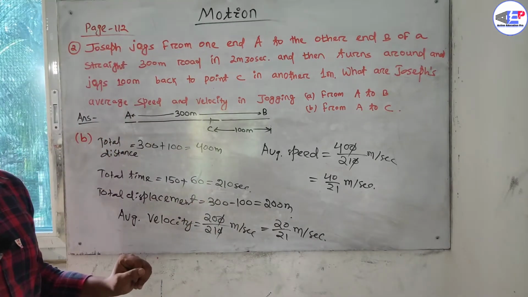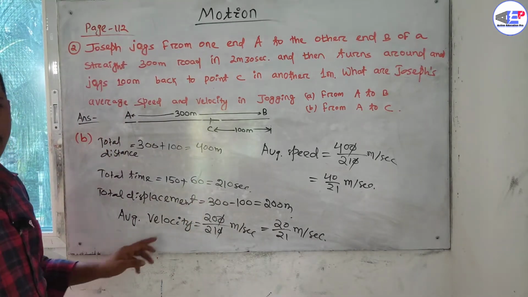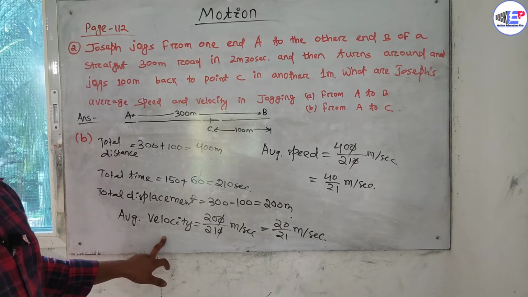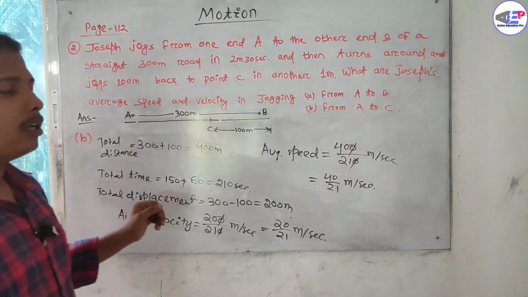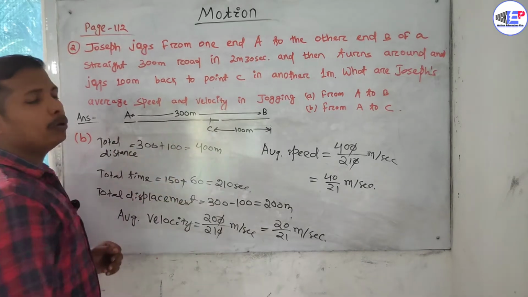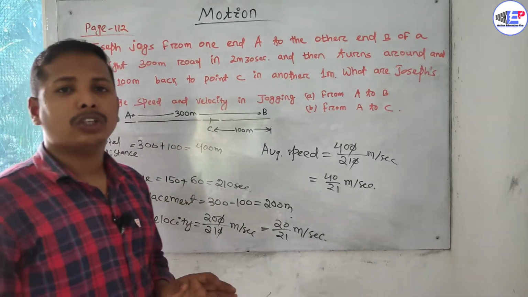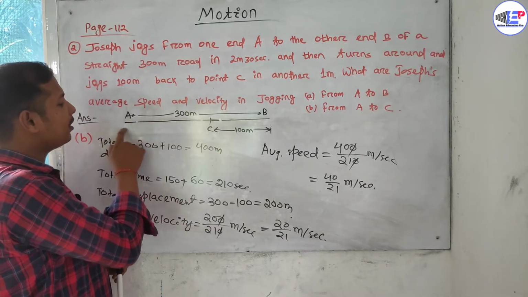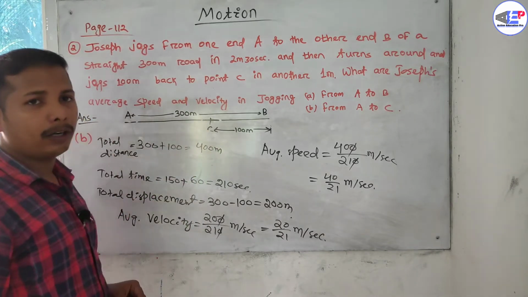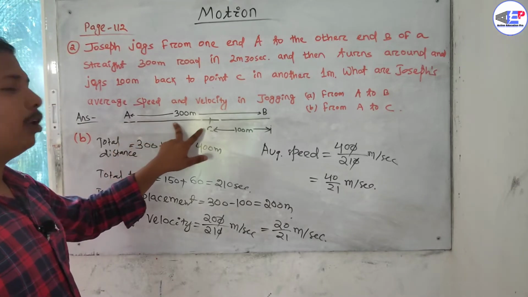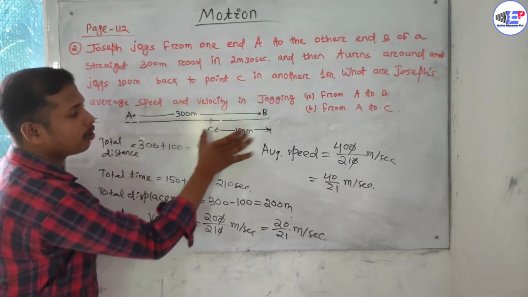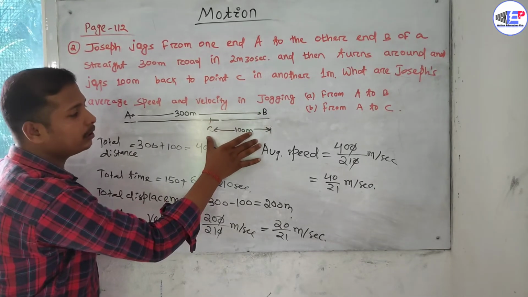Next we have to calculate the average velocity. For finding average velocity we have to calculate the total displacement from point A to C. We know that displacement is the shortest distance between the final and initial point. Here A is the initial point and C is the final point, and the total displacement will be 300 which is the total distance minus BC which is 100 meter.